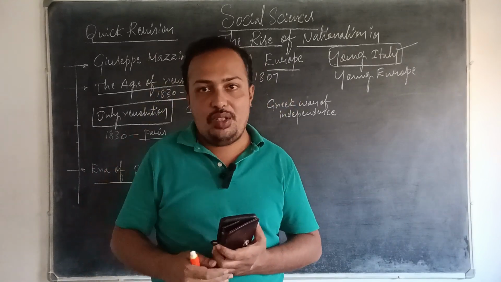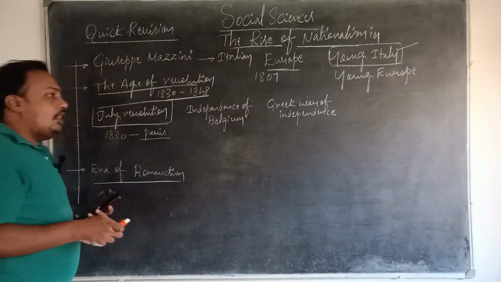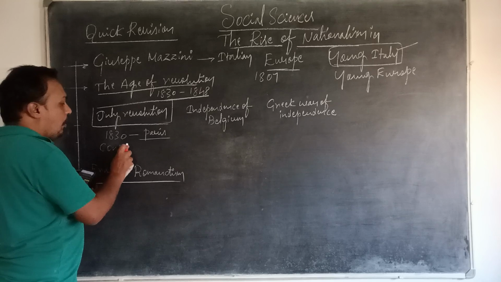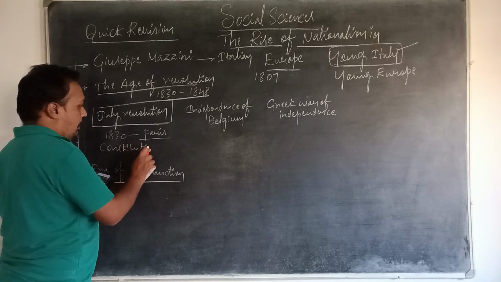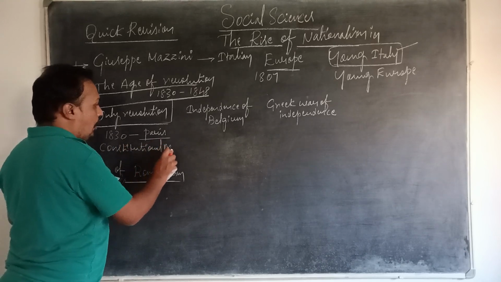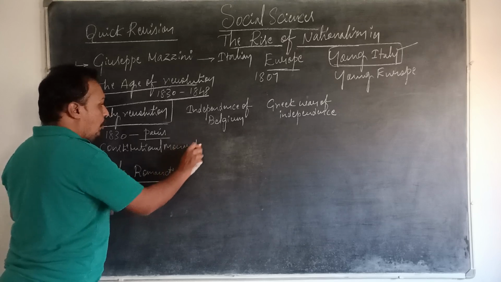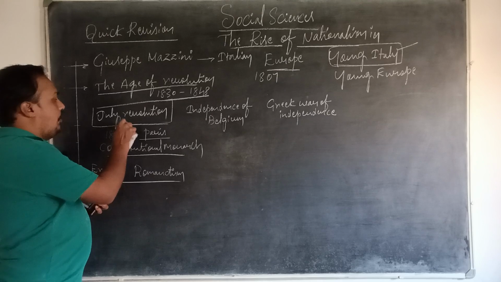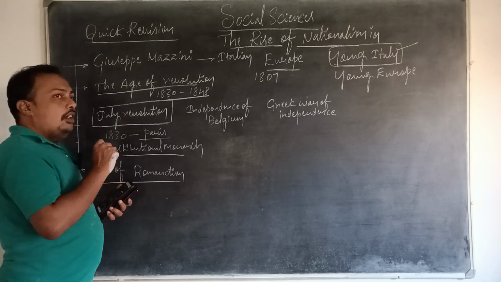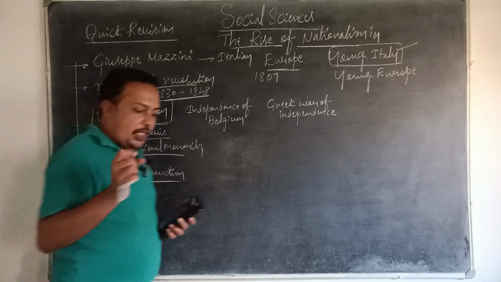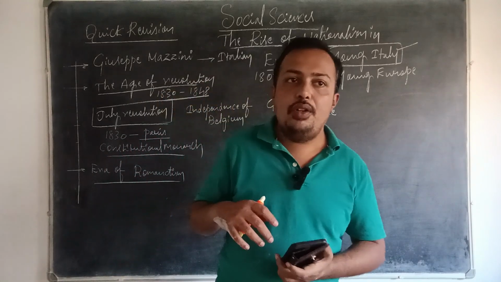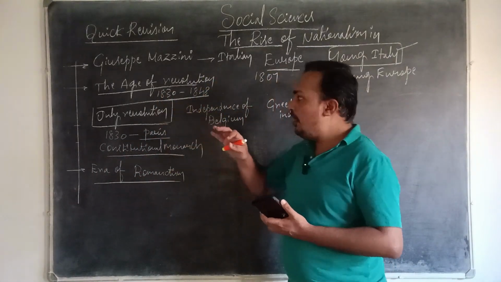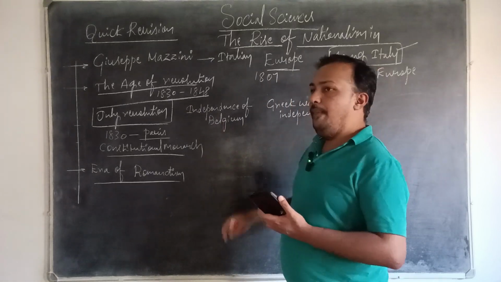The Bourbon dynasty was overthrown, and the monarch was bound by the constitution. That is the outcome of the July Revolution.